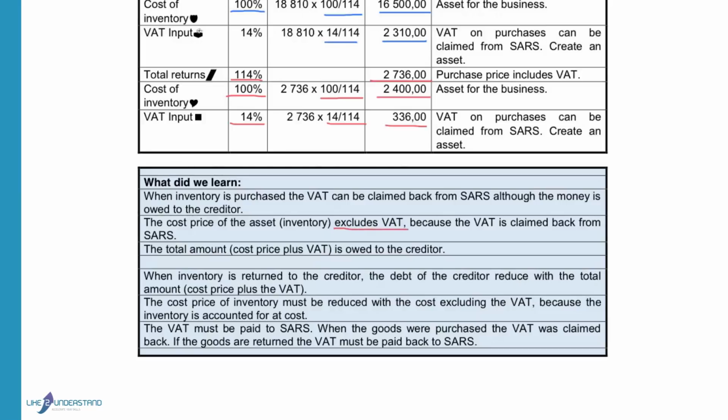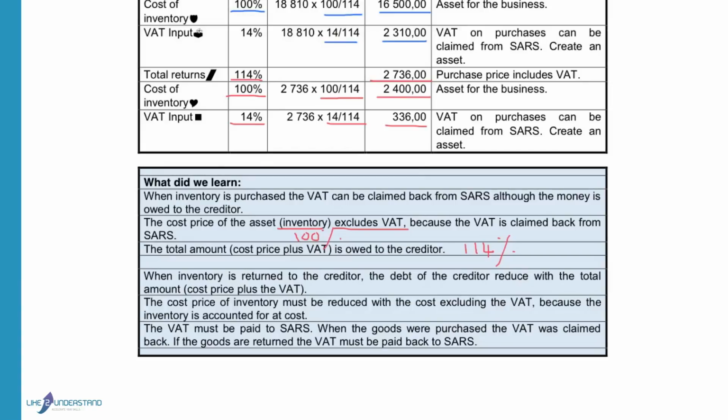So the inventory will never have VAT in it because we claim the VAT back from SARS. So the cost price of the inventory will always exclude VAT and will therefore be a 100% account. The total amount, cost plus VAT, is owed to the creditor, so the creditor is a 114% account.